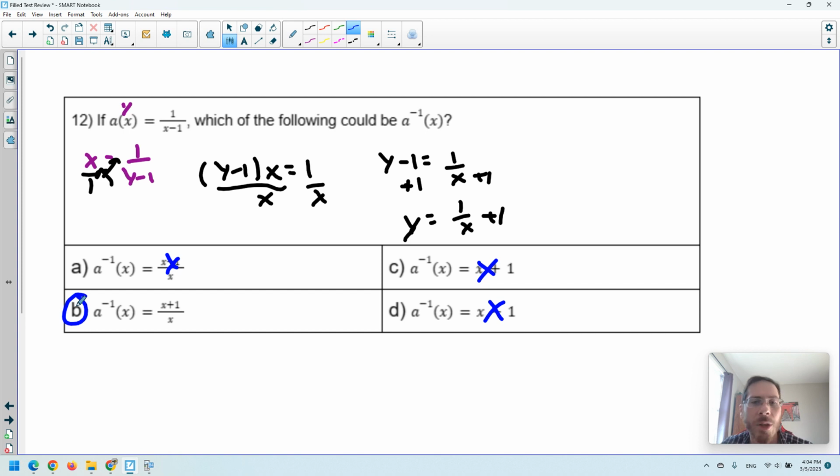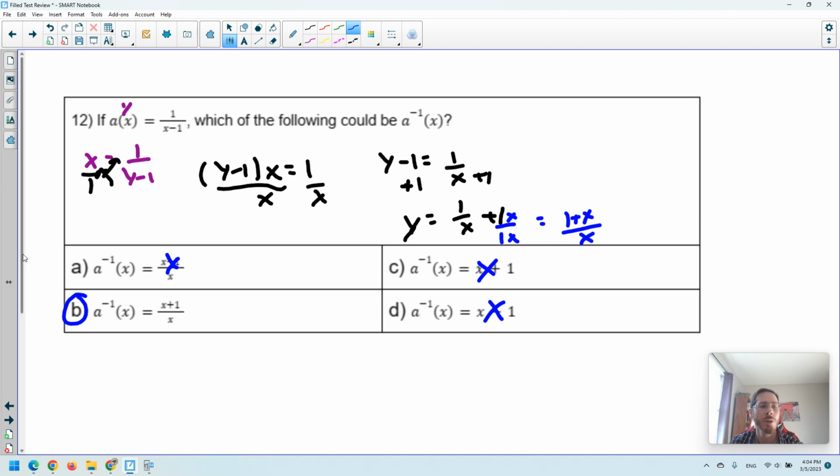Now, what would I do if I really wanted that to become b? Well, I would need to have these have a common denominator and then combine them as like terms. So in this case, this is 1 over 1. I'm missing the x. So this would be 1 plus x over x, and that's exactly what we get for part B. So we can do it that way.